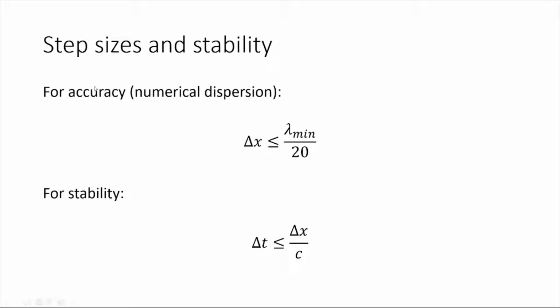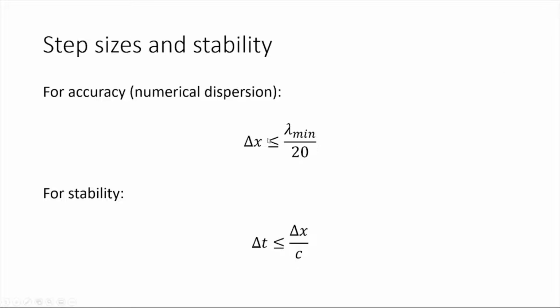So for accuracy, to avoid any sort of numerical dispersion, we need to pick a step size that is less than or equal to the minimum wavelength that we're interested in divided by 20. You might be wondering what I mean by numerical dispersion. Just because of the discrete grid that we're solving Maxwell's equations on, there's actually an artificial dispersion that occurs.